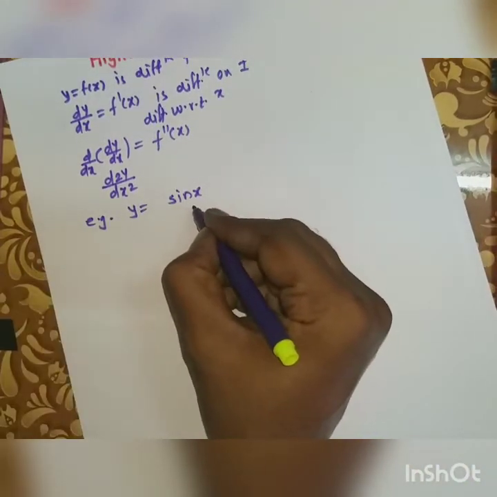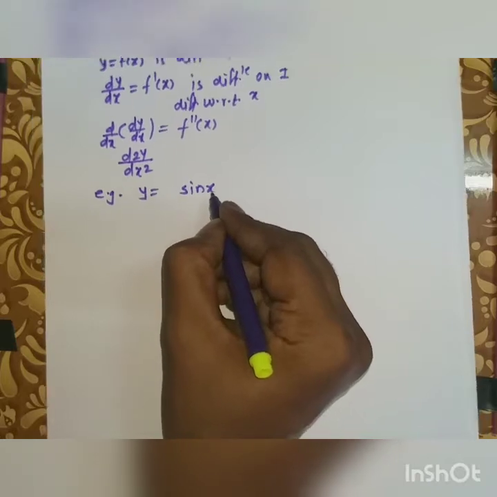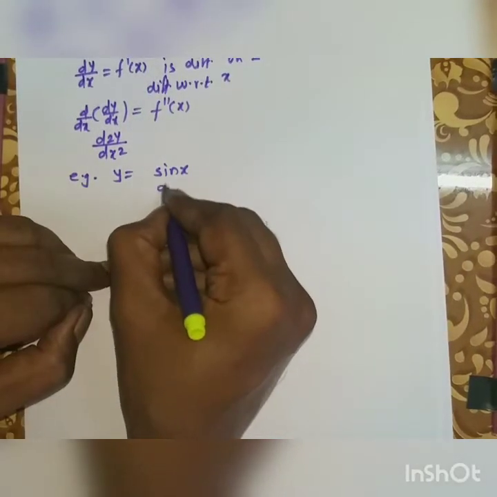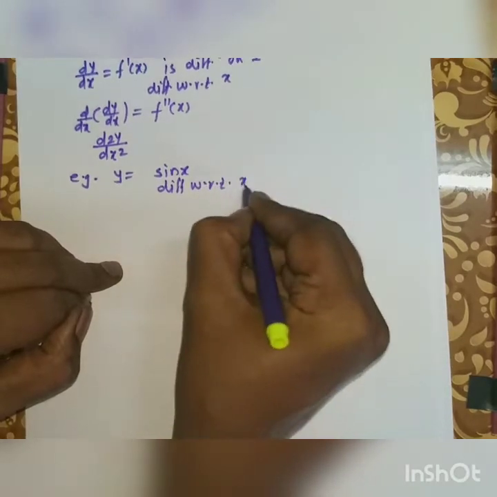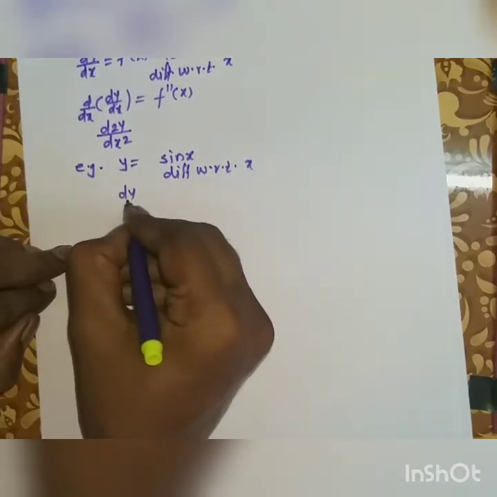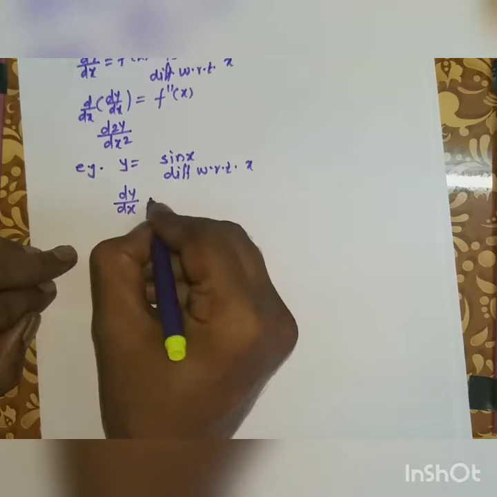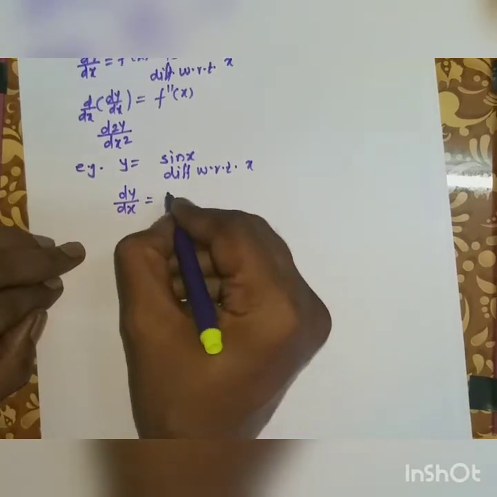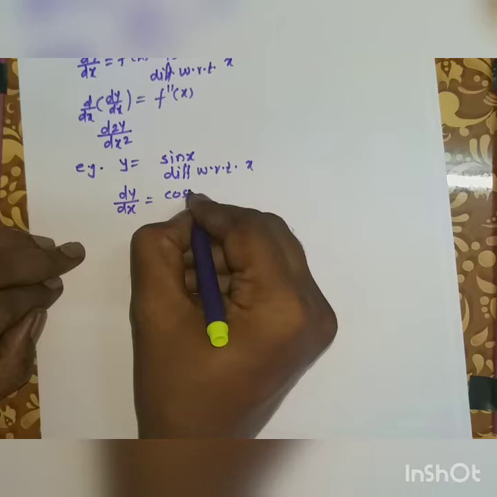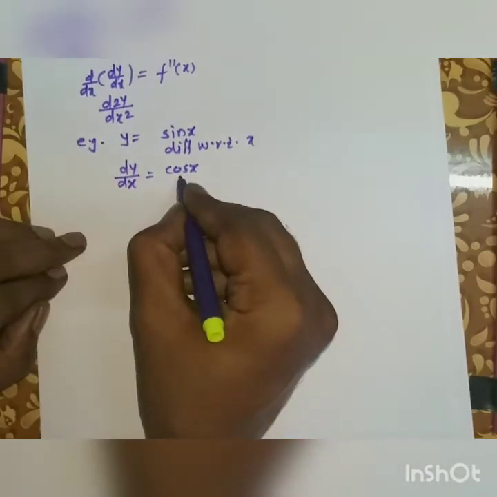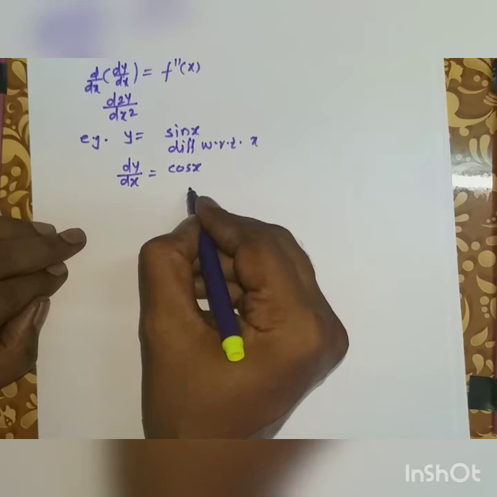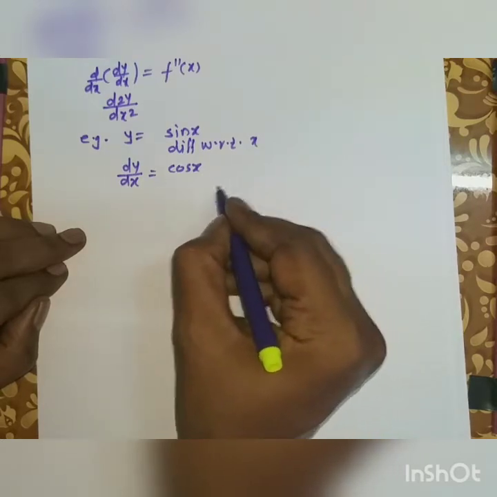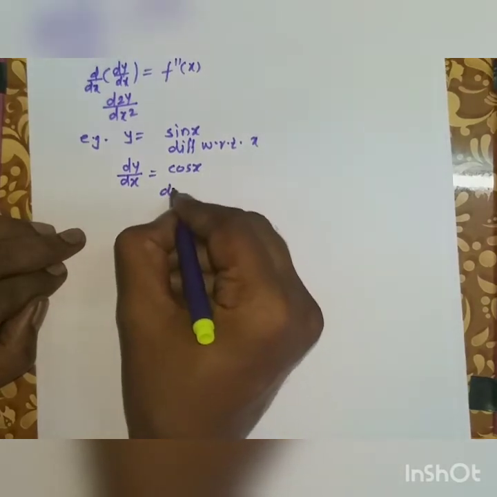Now sin x is a trigonometric function which is differentiable. Differentiate with respect to x, then its derivative dy by dx is equal to cos x. Again this cos x is a trigonometric function which is also differentiable in its domain.